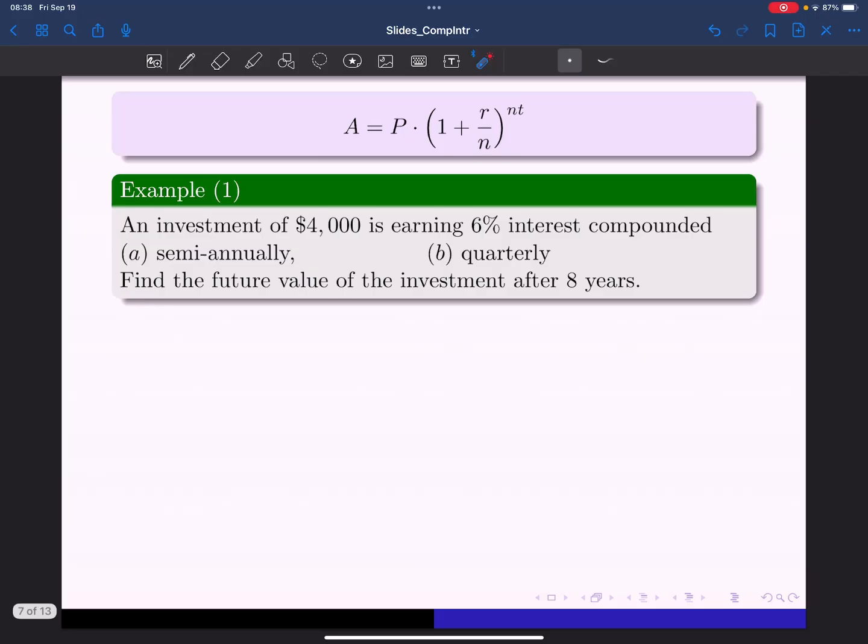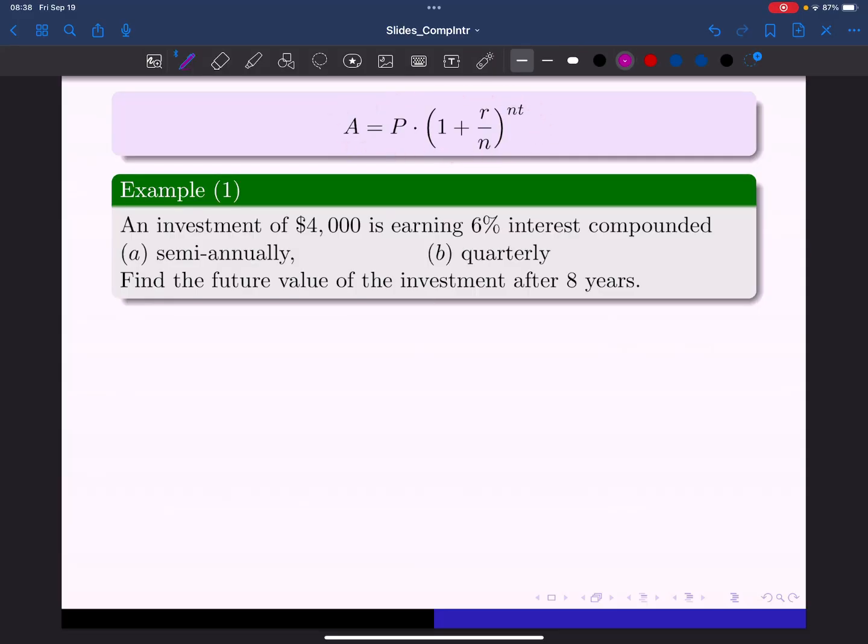So we have an example. An investment of 4,000 is earning 6% interest compounded semi-annually. Find the future value of the investment after 8 years. So we had this formula for compounding interest.